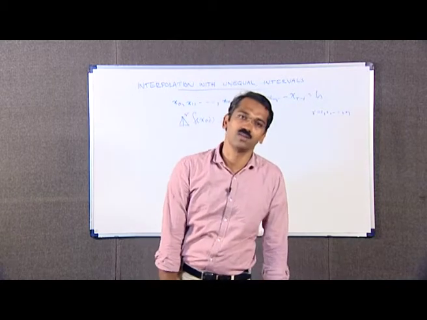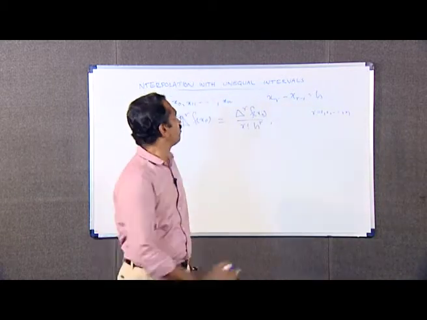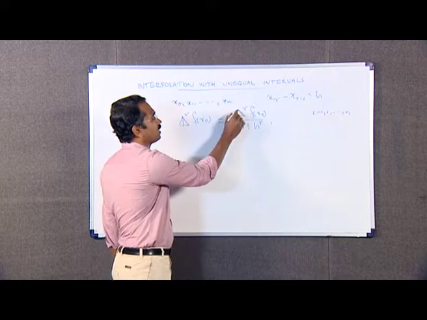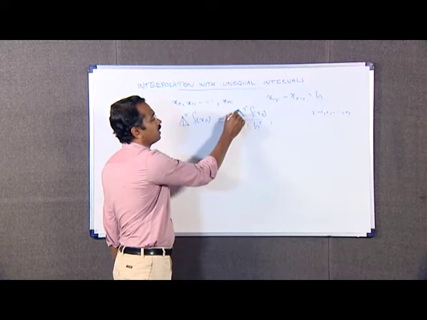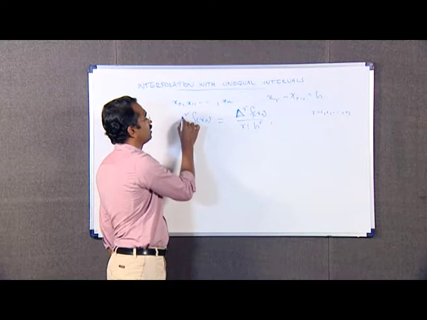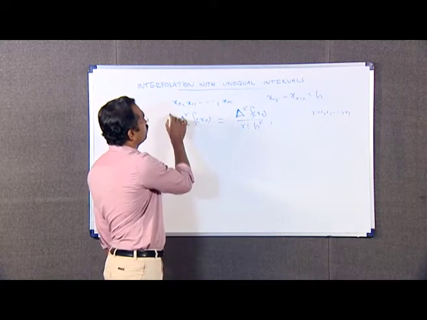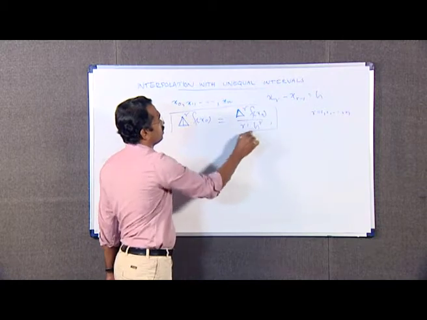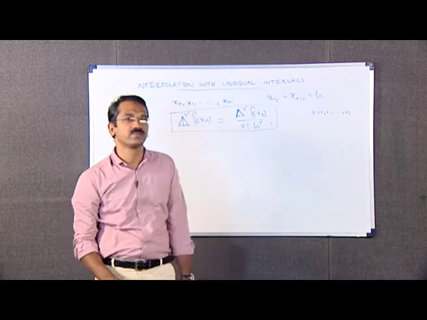This is the relation connecting the forward difference operator delta and the divided difference operator. We have to show this relation.